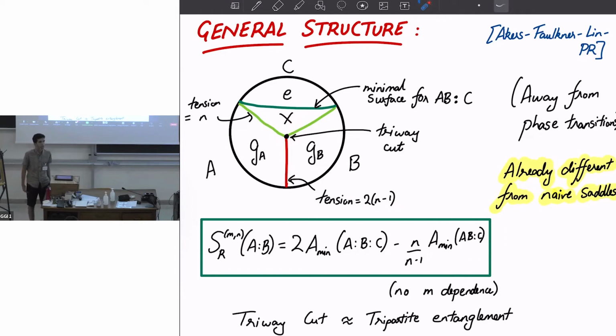Should I think of this tri-way cut as also having some kind of tension in itself? Like if I was doing a thin wall calculation in gravity and I had domain walls meeting at higher codimension domain walls, they would also have their own tension. So is there a tension for the tri-way cut point? You mean for the point itself? I don't think so.